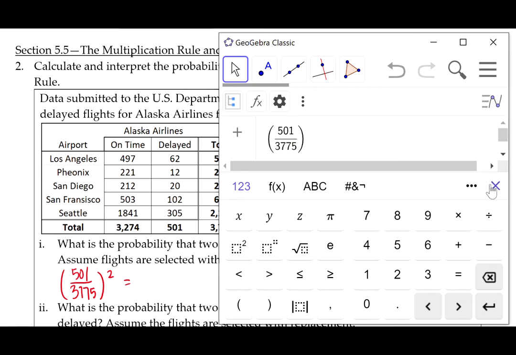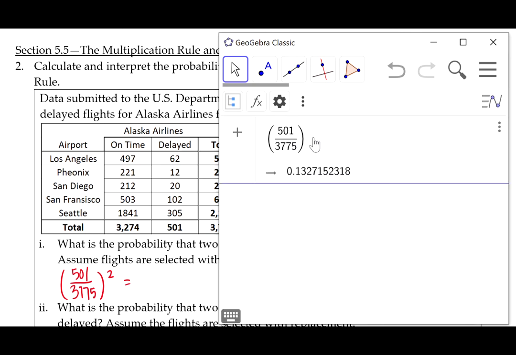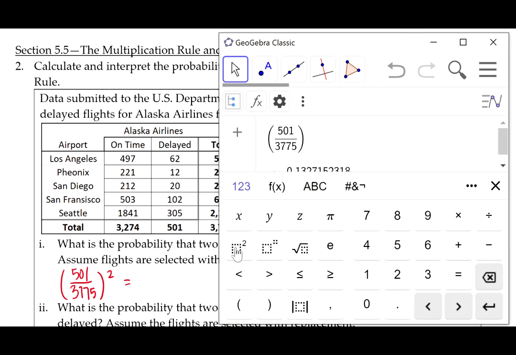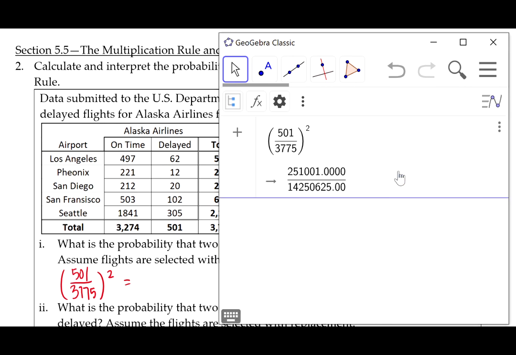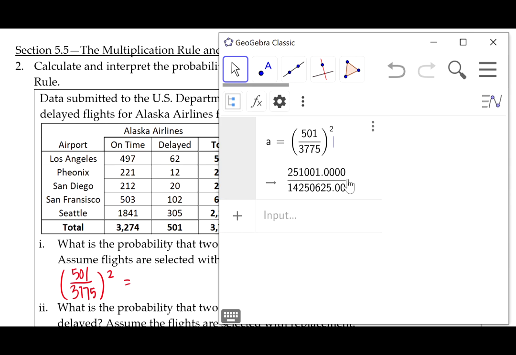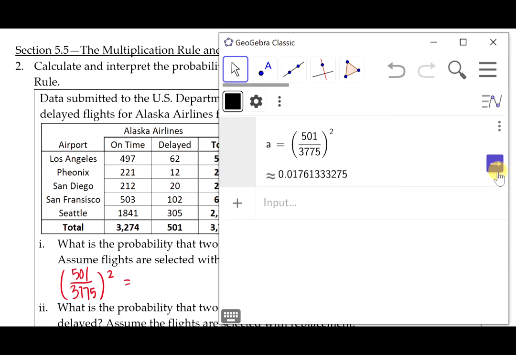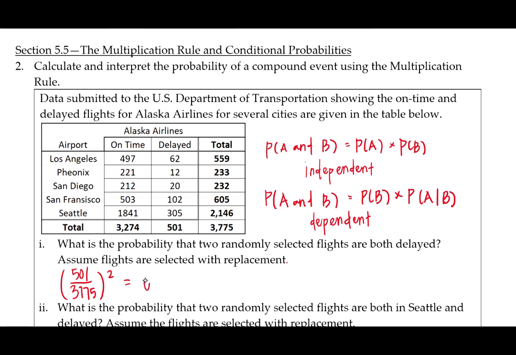And then I'm going to come outside, and I'm going to use this squared option. And then I will click on this approximately equal so I can convert it to a decimal, and I get 0.018 rounded to 3 decimal places.